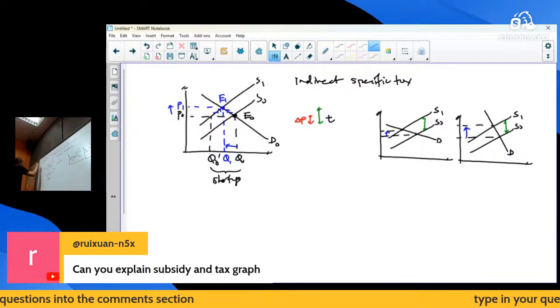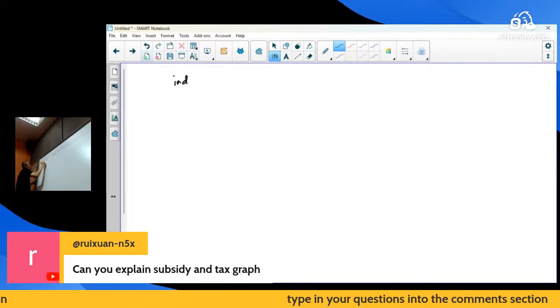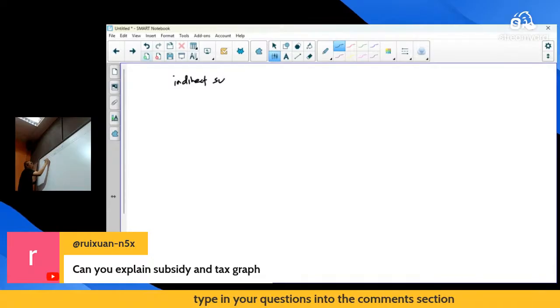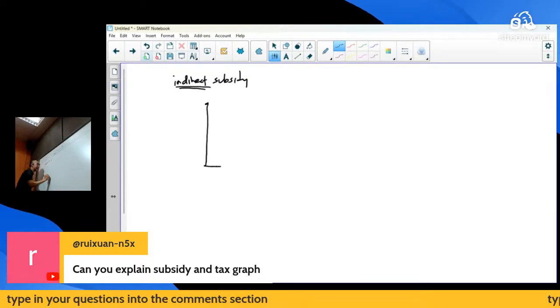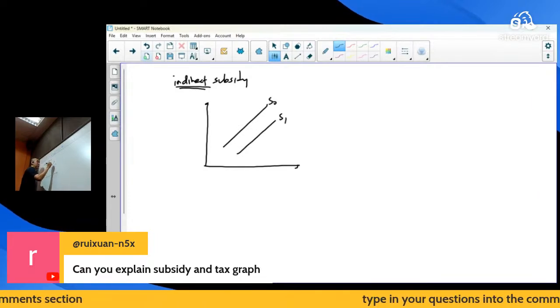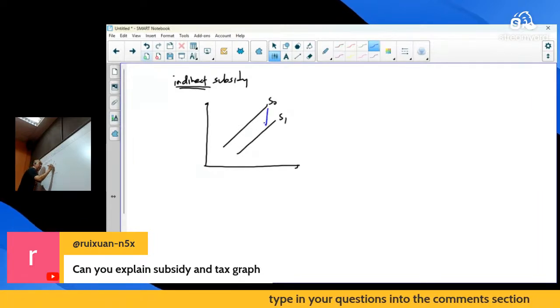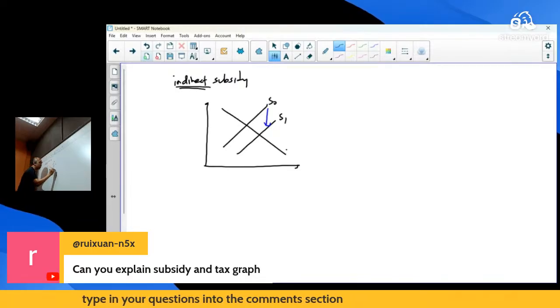Now, conversely, right, if we were to look at an indirect subsidy, a subsidy that is indirect is given to the seller. So what it does is it lowers the cost of production for firms. That will shift the supply curve vertically downwards by a distance equal to the subsidy per unit.